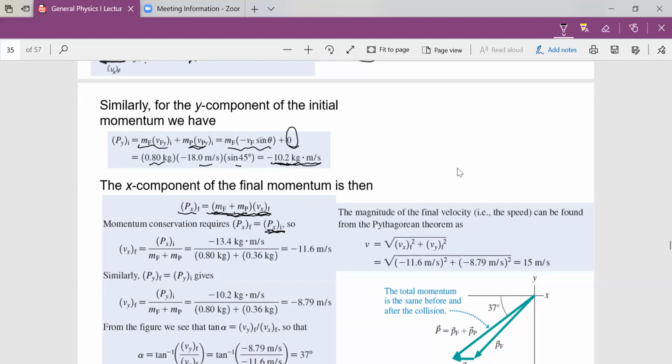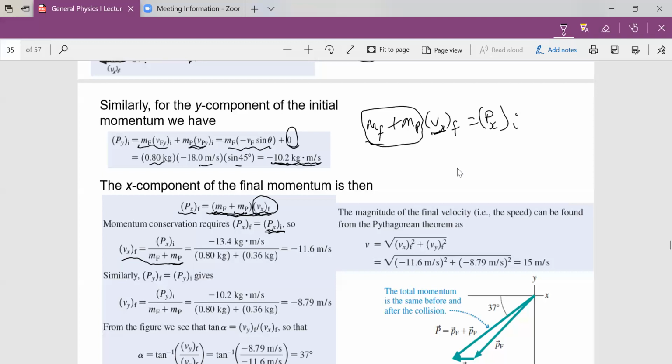And we now make this V the subject of the formula because that's what we were asked to look for. That's how we arrived at this. So MF plus MP, Vx final being equal to Px initial. If we make this the subject of formula, we have to divide by this component.